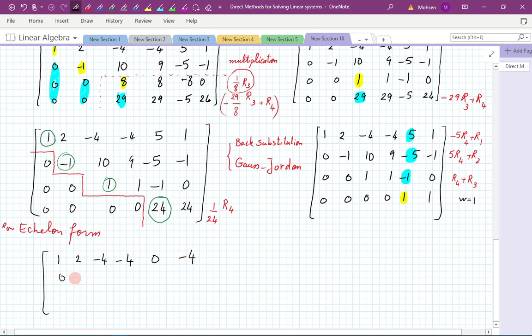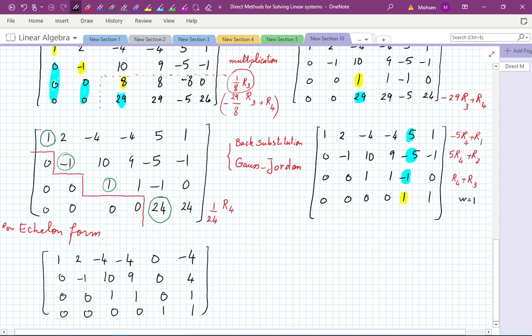Next row we are going to have 0, minus 1, 10, 9, 0, and 4. So this is supposed to become 0, and 1 times 5 plus minus 1 is going to become 4. Next row I have 0, 0, 1, 1, 0, 1, and last row is going to be 0, 0, 0, 0, 1, 1.